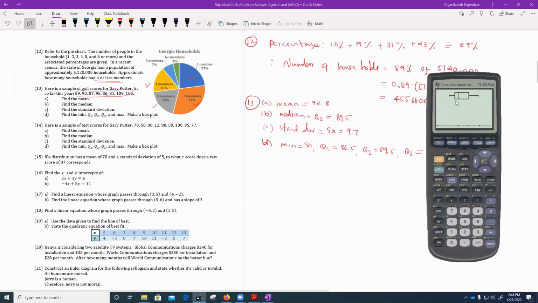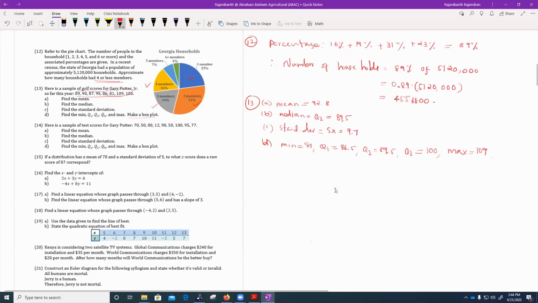Now copy down the box plot here. My box plot is a little bit lengthier on the right side than the left. So this is my minimum, which we got as 81, and this is my Q1, that is 86.5.